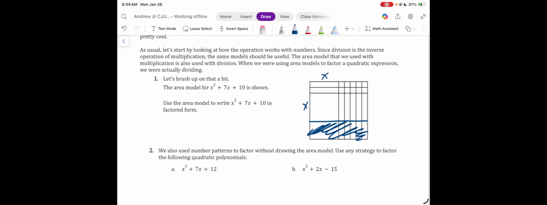Okay, so you have an X squared. You've got 7 X's. There's 5 of them over here, there's 2 of them here, and you have 10.